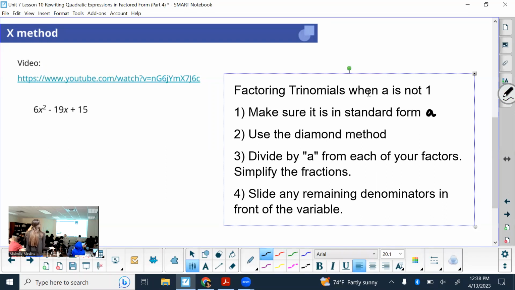Whether it's from your notes, whether it's from your memory. What is the formula for standard form? First, I asked if this is in standard form and no one said anything. So then I said, well, what is standard form? Isn't it like the, I actually don't even know.